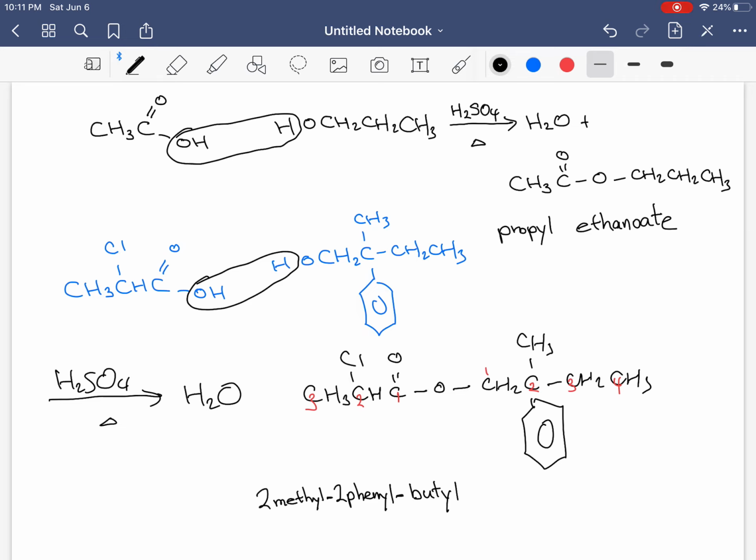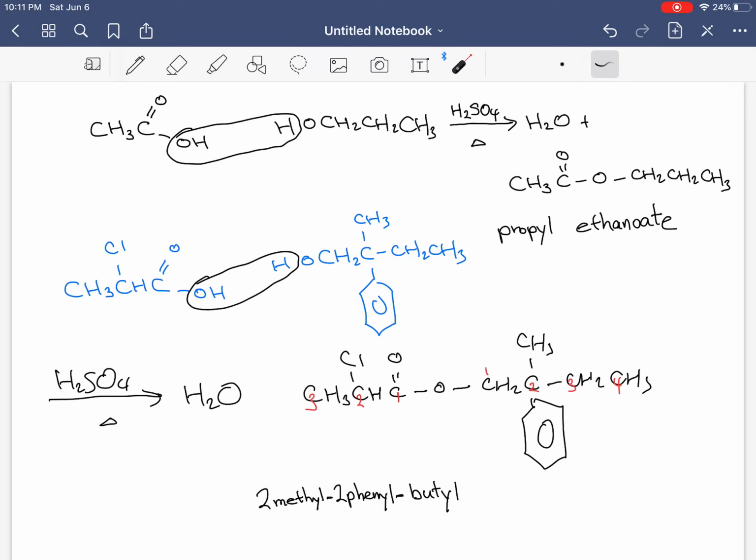Either put a dash or just connect everything together. Do not put a space. We saw what space is for, right? Space is for the separation between the alcohol portion of the ester and the acid portion of the ester. So don't put in spaces for the sake of putting spaces, because spaces mean something. This is where you put the space.